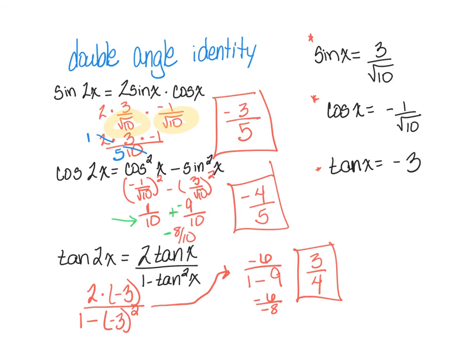Now, I want to go back right here to this 1 minus negative 3 squared. A very, very common mistake is students will look at these double negatives and say, oh, that's a double negative, I turn it into a positive. Students do that all the time. The problem with that is that you've got to follow order of operations.